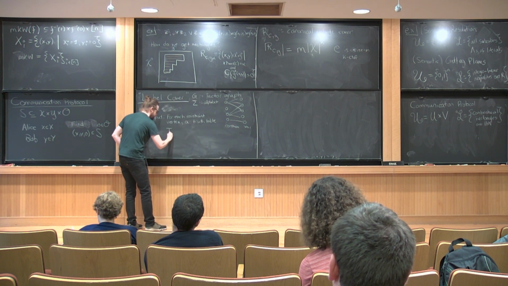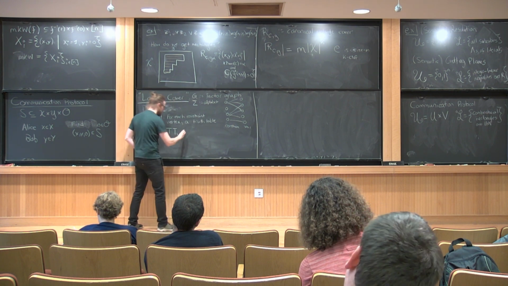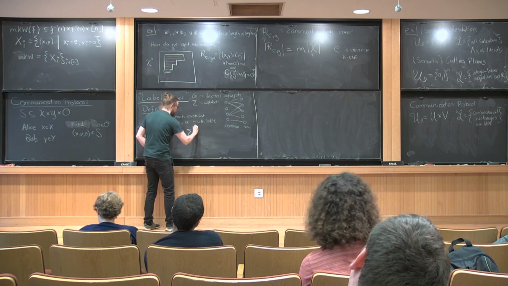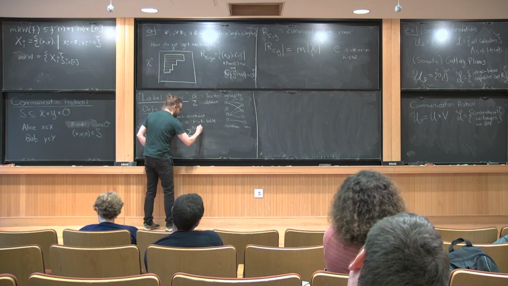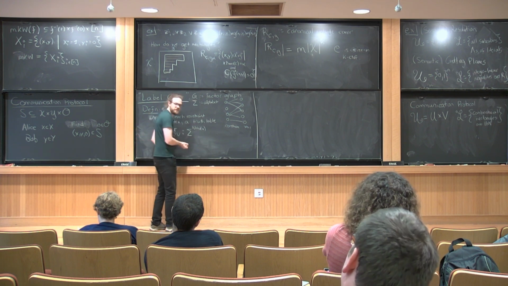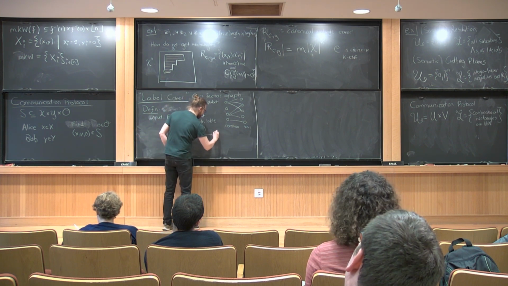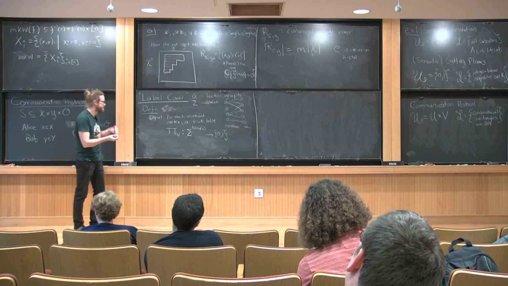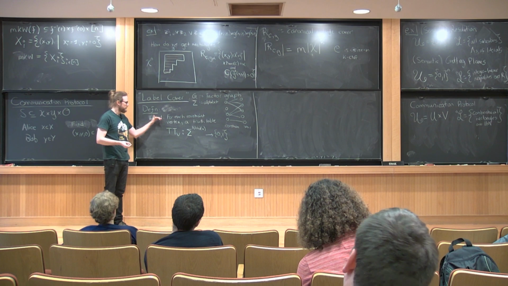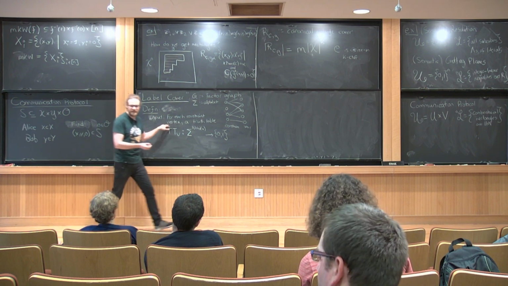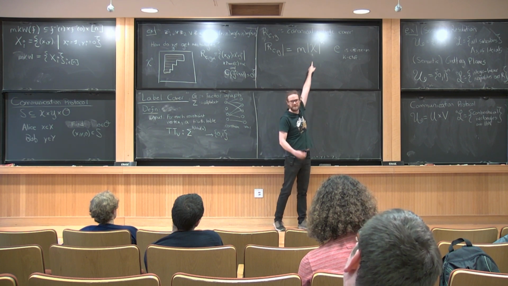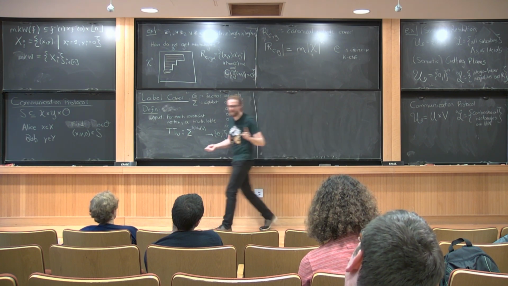I'll call it T sub v. And what it's going to do is map the alphabet on the neighborhood of my constraint vertex to 0, 1. Okay? So the input is quite large. I guess it's exactly this large, right? So if x is my sigma, that's the size of the input.